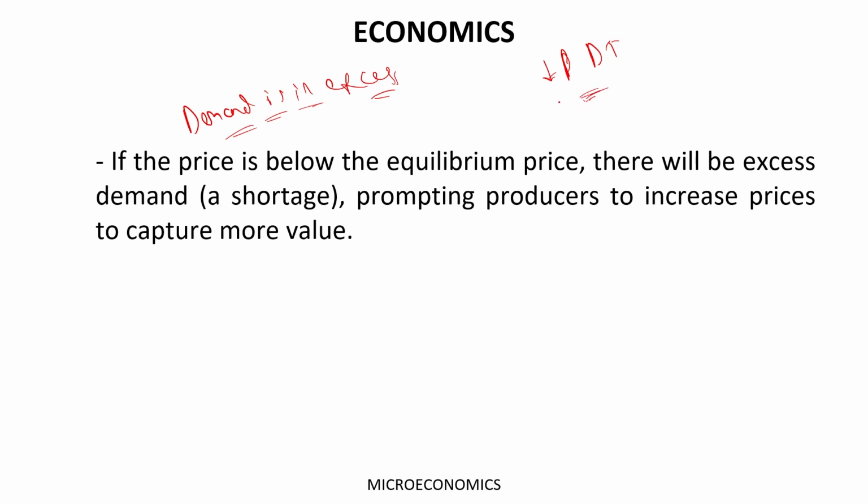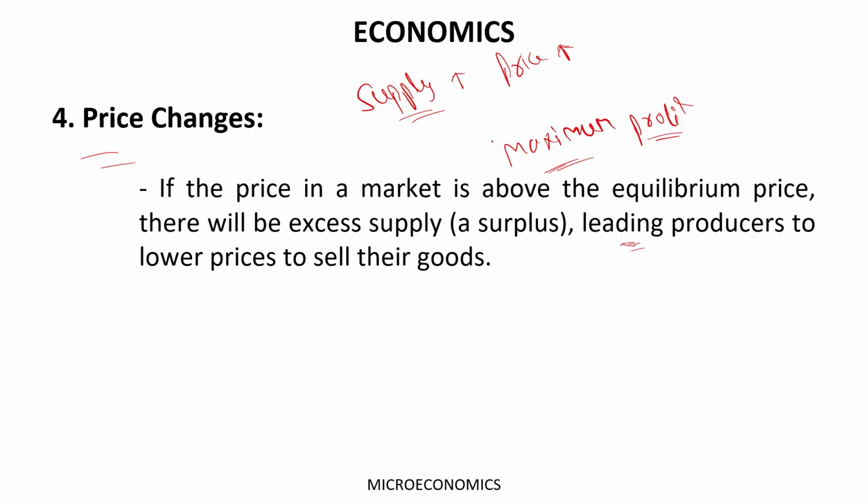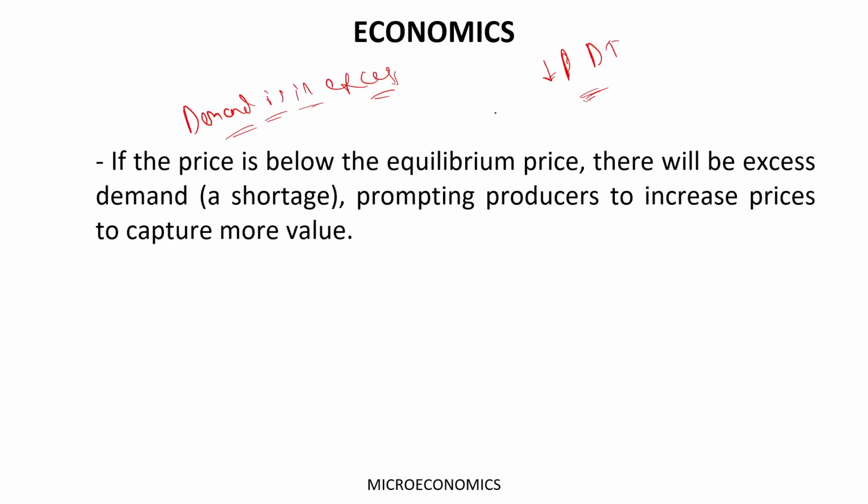Okay? So in this condition, the demand will be in excess. So now we have discussed two conditions. When the price goes up, supply goes up to earn the maximum profit. While the price goes down, the demand goes up to buy more things at a lower price.